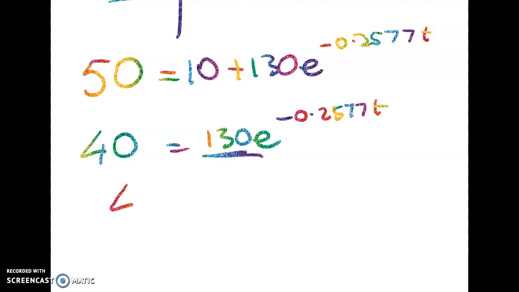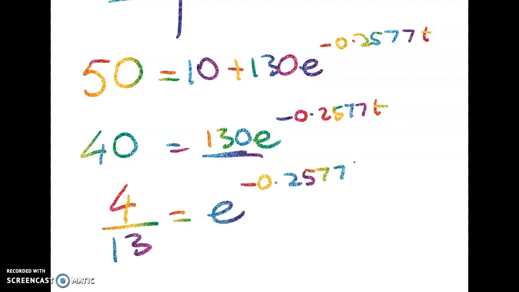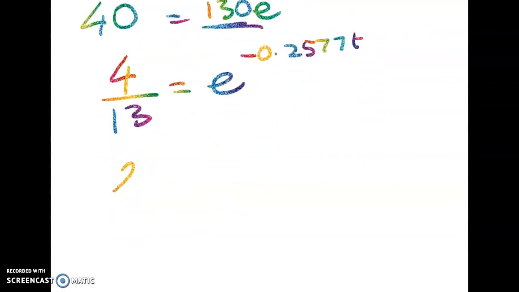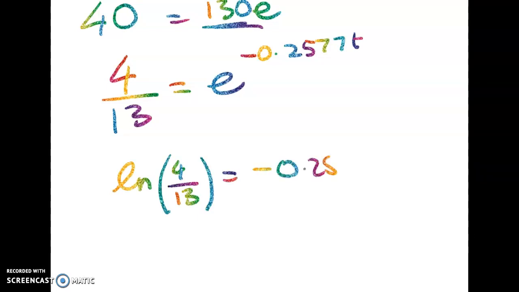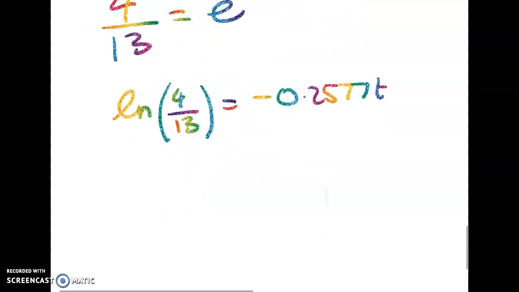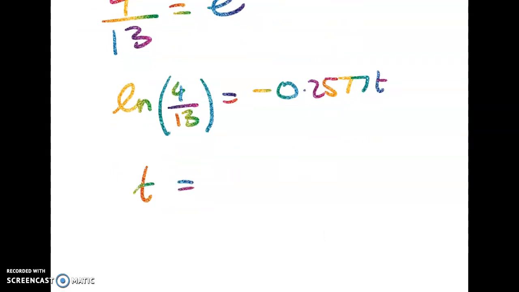Dividing through both sides by 130 gives me 4 over 13 equals e to the negative 0.2577t. Now I'm going to take logs of both sides. It's a very similar process to what we did up above. Finally, we're going to divide through and get t is equal to this.